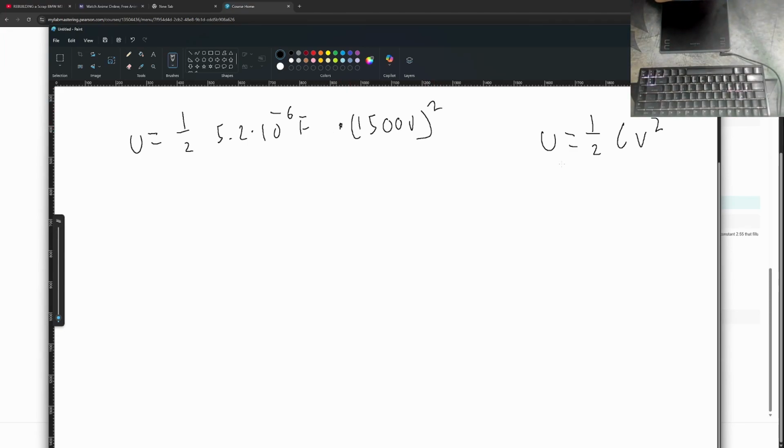So let's do 1500 squared times 5.2 times 10 to the power of negative 6, divided by 2. And so then we're left with a stored energy of 5.85 joules.